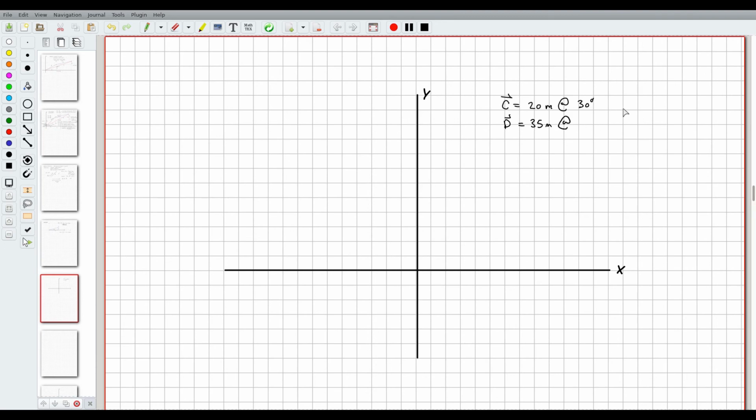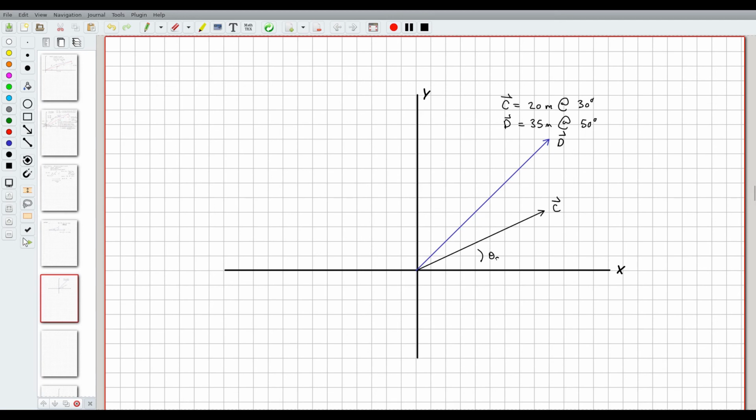It makes an angle of, oh, I don't know, 50 degrees with respect to the x-axis. So let's draw our vectors here. This is C vector, and this is D vector.